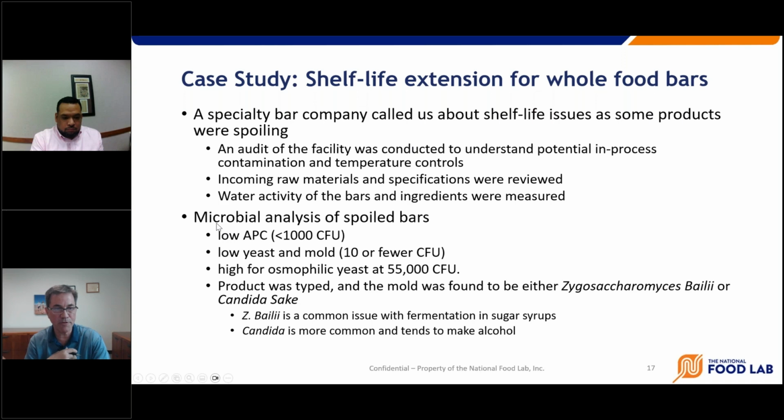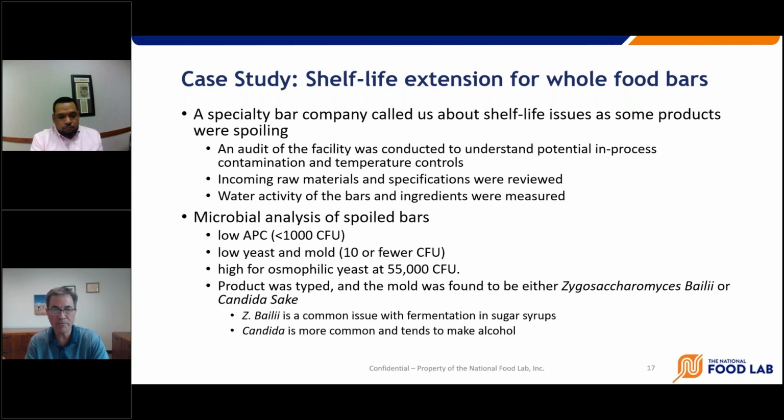So we got samples back of those bars. We looked at all of the different microbial analysis. The plate count was low. The yeast and molds were also well within specification, nice and low. And then when we did a specific test for osmophilic yeast, they were at 55,000 CFU, pretty high.